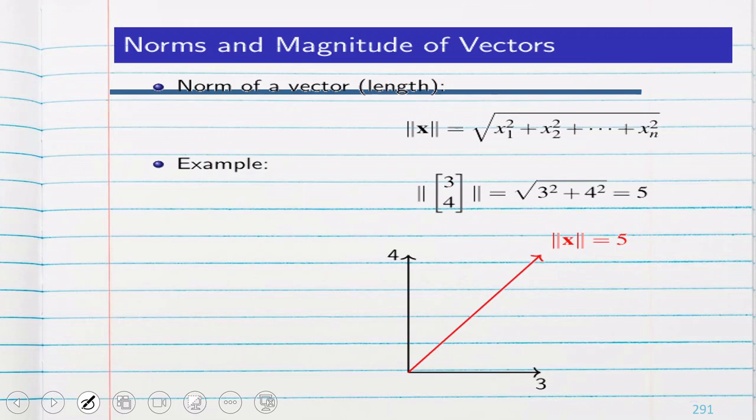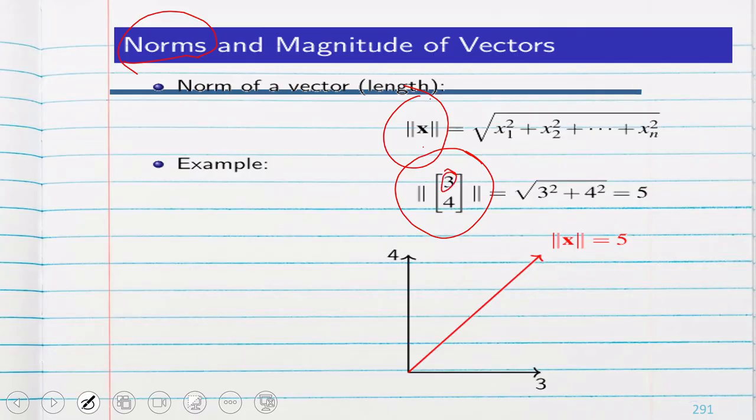Norm and magnitude of vectors. Sometimes they can ask this question: what is the norm? It is denoted like this: the square root of x1 squared plus x2 squared plus and so on, plus xn squared. So the norm of 3, 4 is the square root of the sum of squares of each element present in this vector.